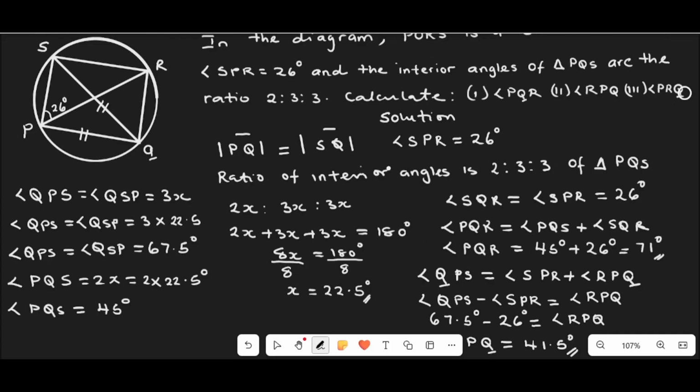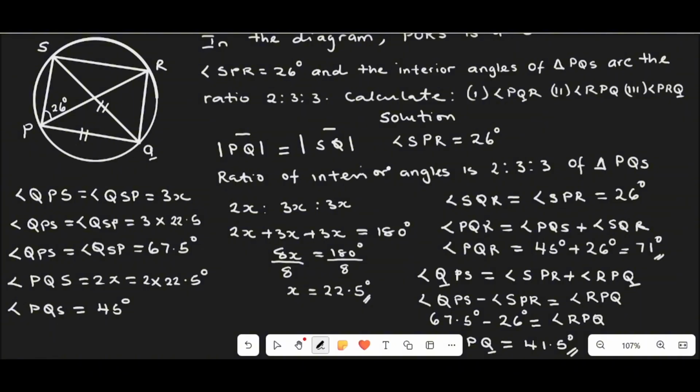Let us find angle PRQ. Angle QSP and angle PRQ are equal to each other because they are angles in the same segment standing on the same arc, which is PQ.